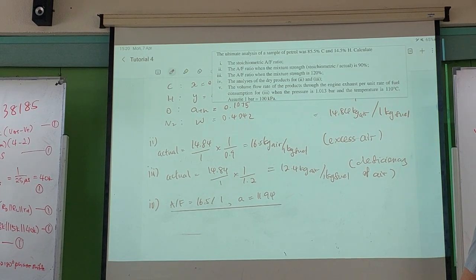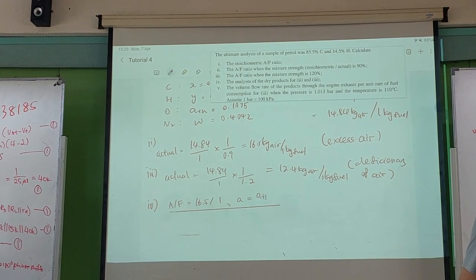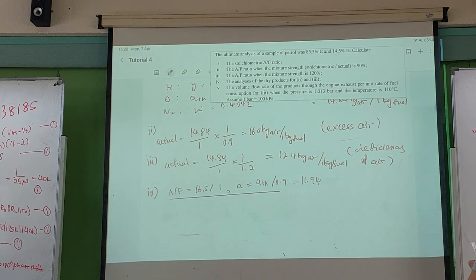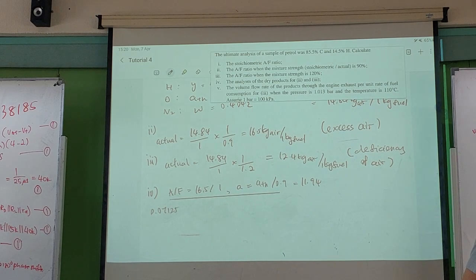Okay, so if you calculate this and based on this ratio, you can actually just use ATH, the amount of A. You can just use ATH divided by 0.9, it's the same thing. So you will be getting 0.94. So from this, then you can rewrite the equation.